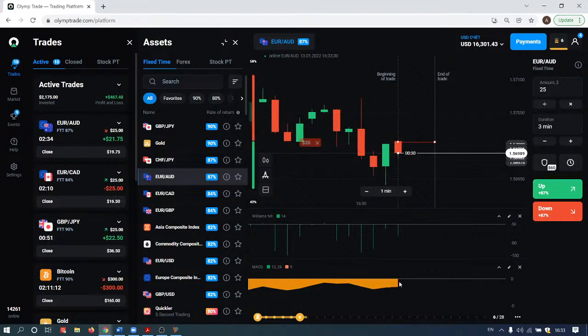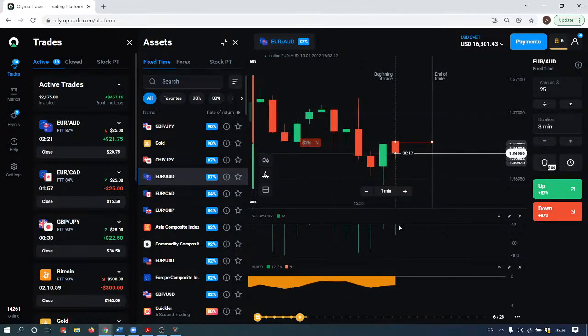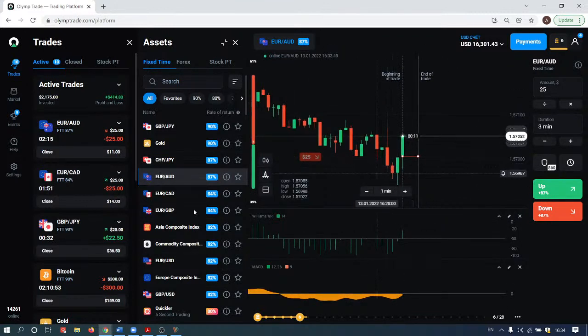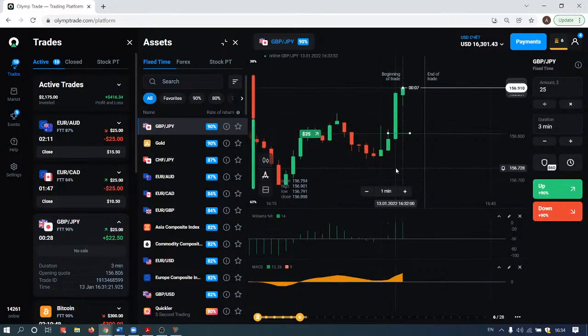That's it. They both are in the so-called bears zone or bears area of influence, and we open trades downwards. Simple as that. Wow, GBP JPY, wow, surging.